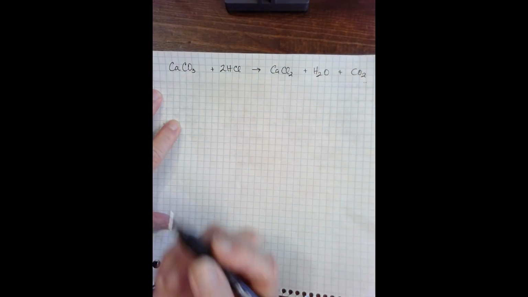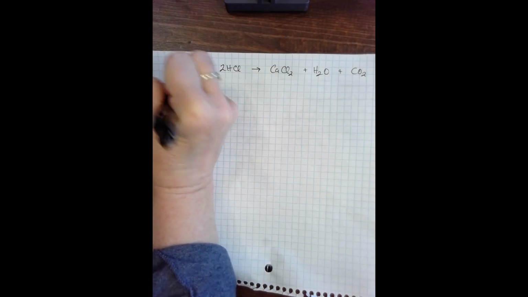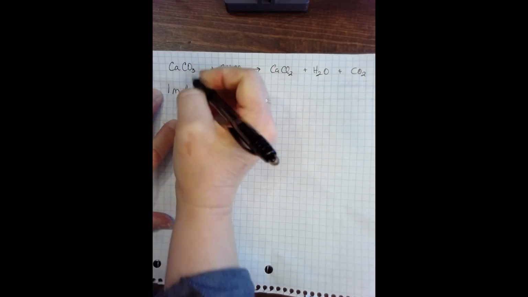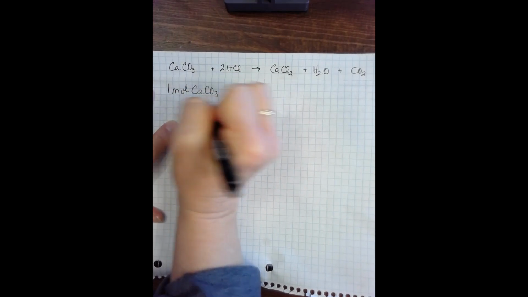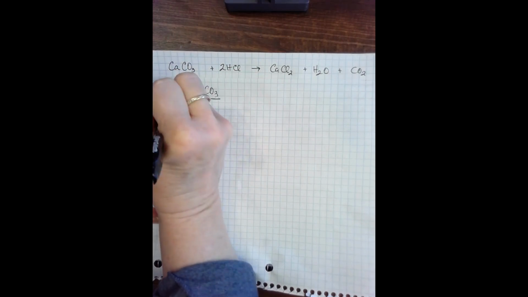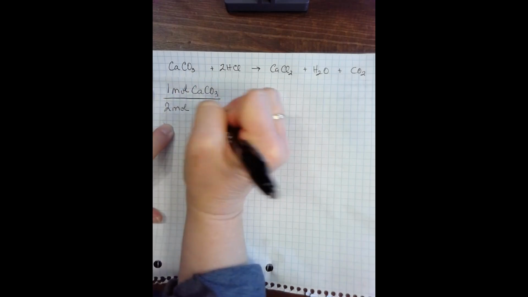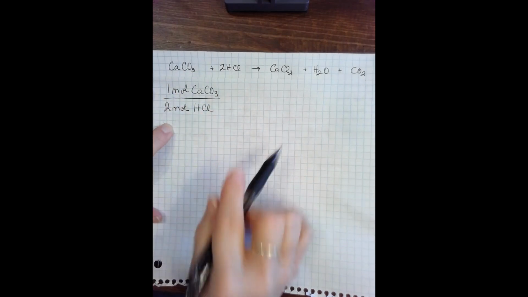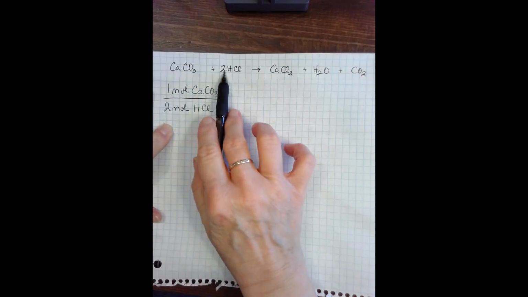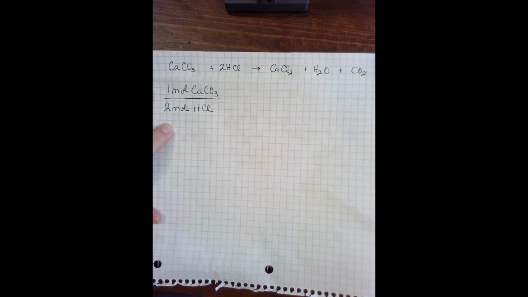And we want to do it systematically. So this means that 1 mole, and you're going to get tired of these, 1 mole of CaCO3 relates to 2 moles of HCl. They are in relationship to one another. It takes 1 mole of this to react with 2 moles of this. That cannot be any different. So that's a mole relationship.